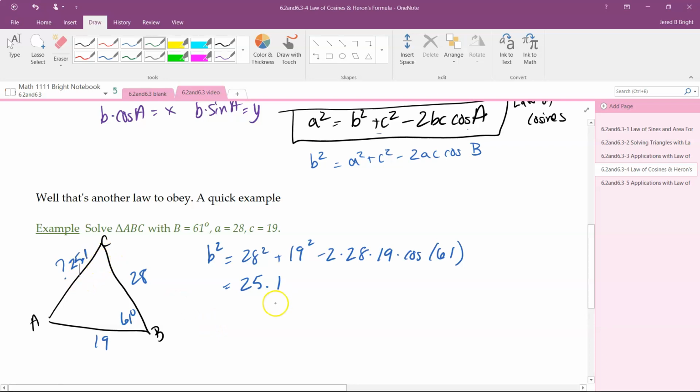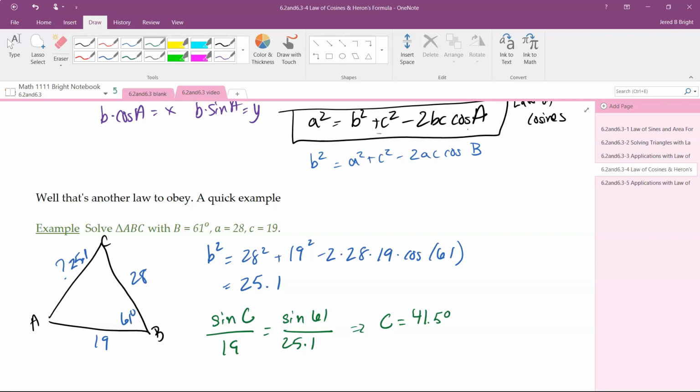So let's say I wanted to find angle C, so I do sine of C over 19 is the same as sine of 61 is to 25.1, and then I can get C as 41.6 or 41.5 degrees or so, and then just by making sure that all the angles add up to 180, you end up with angle A as about 77.5 degrees.